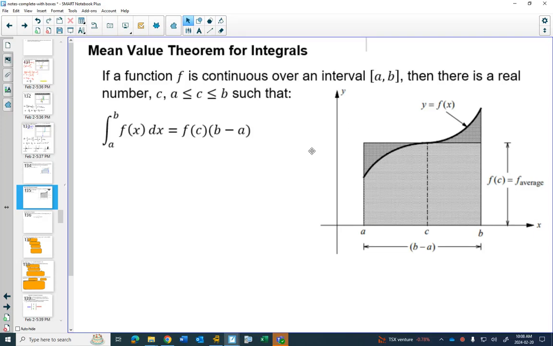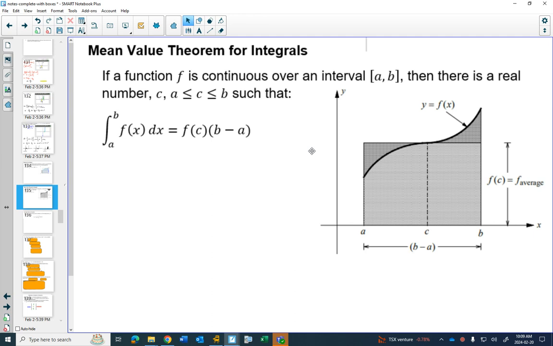So the mean value theorem says that if a function is continuous over the interval from A to B, first of all, for the bounds, you know that the area is between little m and big M as far as the height of the rectangle. There has to be a height somewhere and a point somewhere where you have the average, and then the area of that rectangle happens to be perfectly the area under the curve.